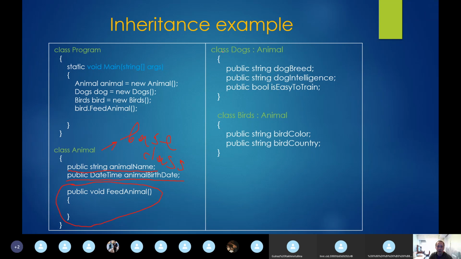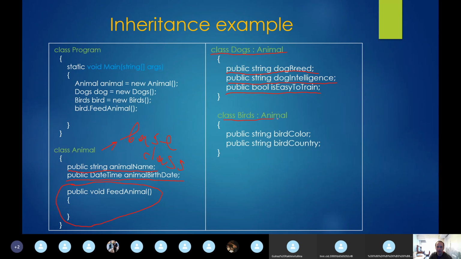Our inherited class is class dogs that has the following fields: dog breed, dog intelligence, and, for example, easy to train. So these fields are specific for the dogs class, but not exactly for other classes.